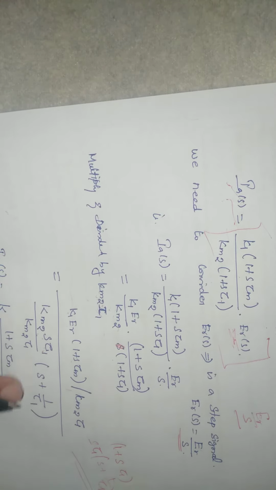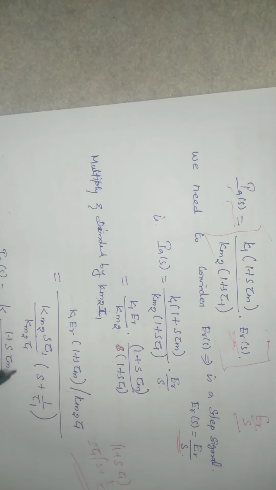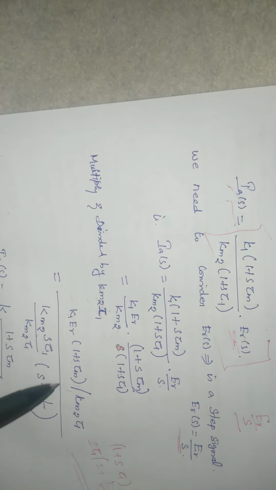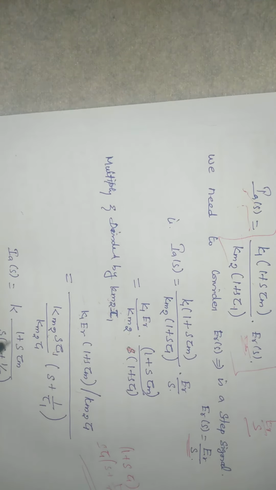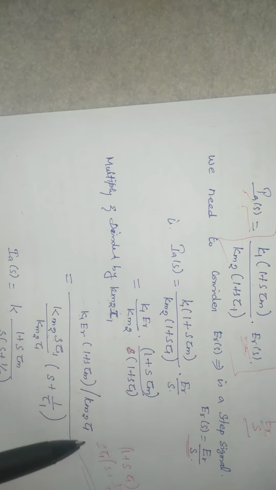So we are taking that term, and finally we are having A(s), which is nothing but this term getting cancelled, remaining s alone is there. So in the numerator we are taking k as one constant, so k is nothing but k1 Er divided by km2 tau 1, remaining term (1 plus s tau m) divided by s into (s plus 1 by tau 1).